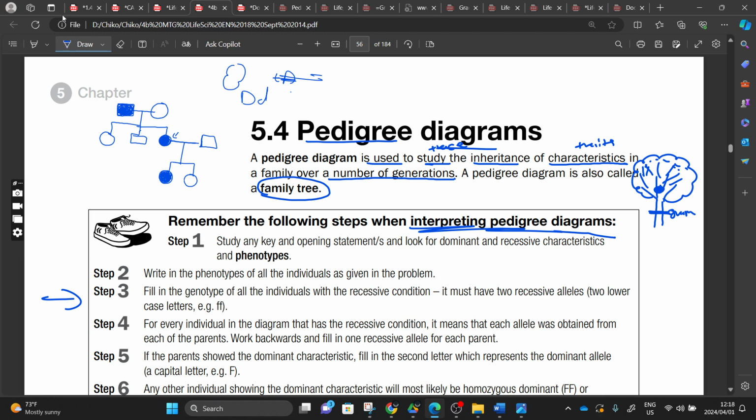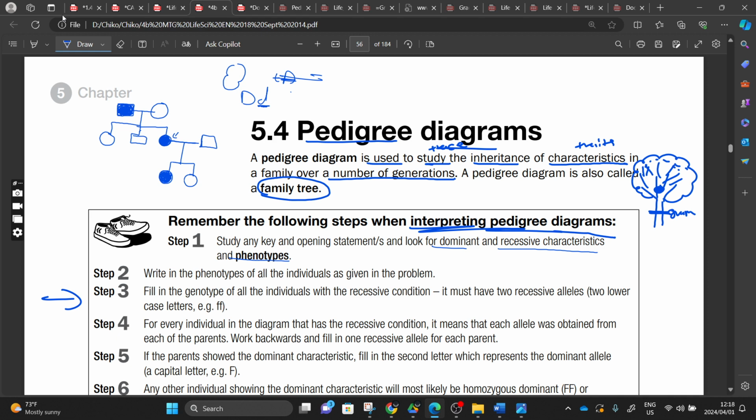But step one, you will have to study any key and opening statements and look for the dominant and recessive characteristics and the phenotype. Let's take, for example, here the characteristics were caused by a recessive allele. So it means that all of them that are shaded are carrying those two recessive alleles. They have to be two, right?